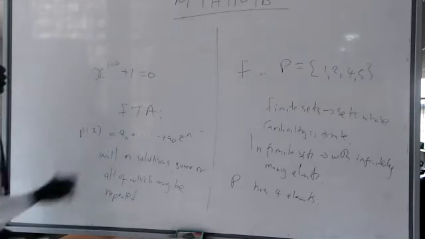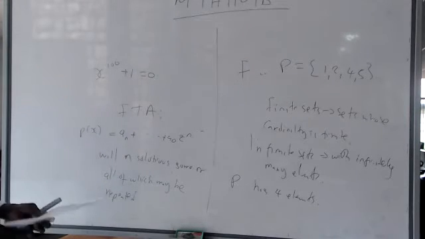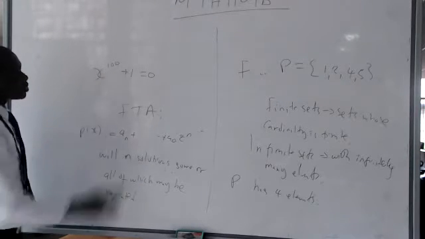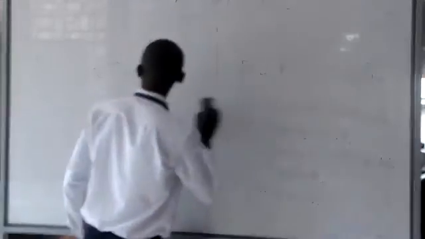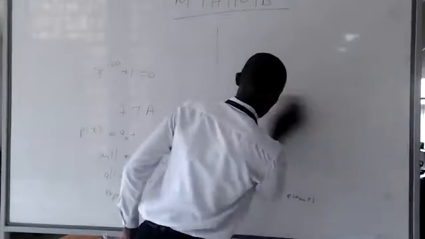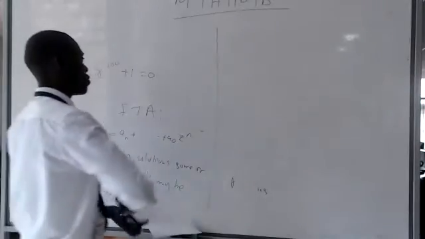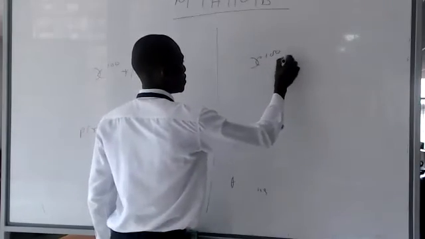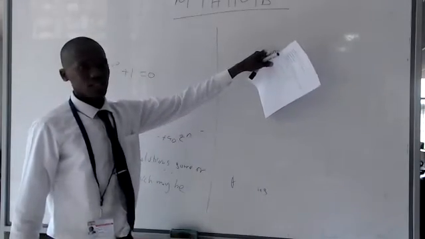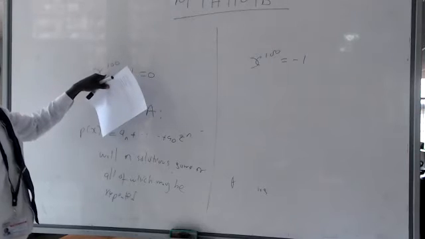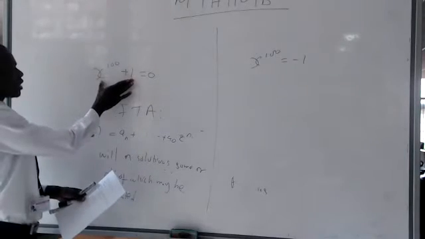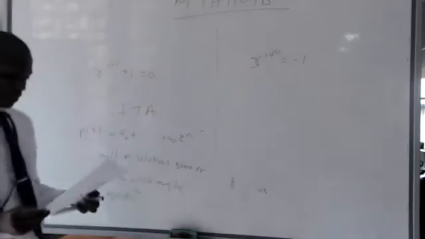Here we have a polynomial of order 100, so we expect this to have at most 100 solutions. In fact, we will have 100 solutions for this, in the complex plane, of course. Because you'll want to solve x to the 100 equals minus 1, then apply de Moivre's theorem, and it will give you 100 zeros for this system. So that statement is false because we are expecting 100 solutions, not at most one solution.